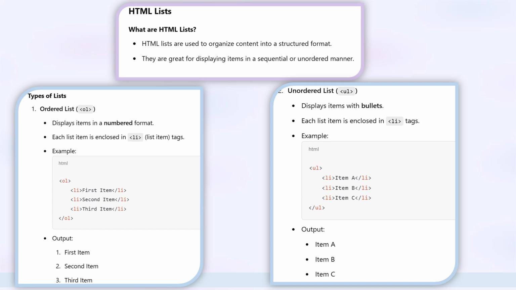Each list item is enclosed in a list tag and the unordered list tag is used here. In the example, you can see the output is item A, B, C, defined with bullet points, not numbering like the ordered list. So these are the HTML lists.